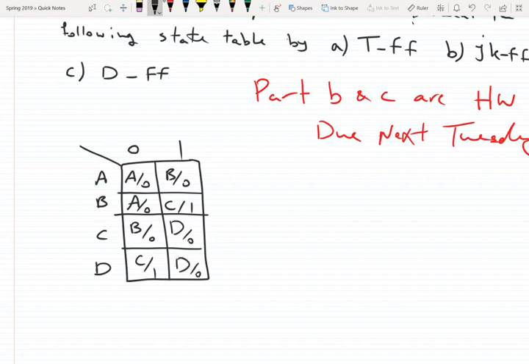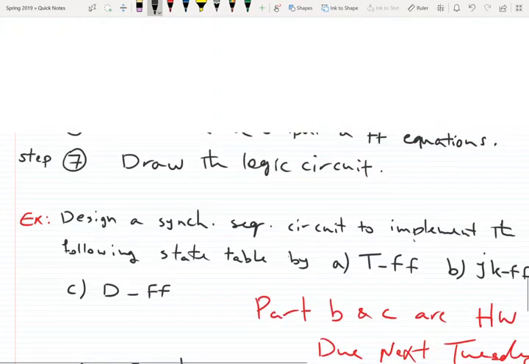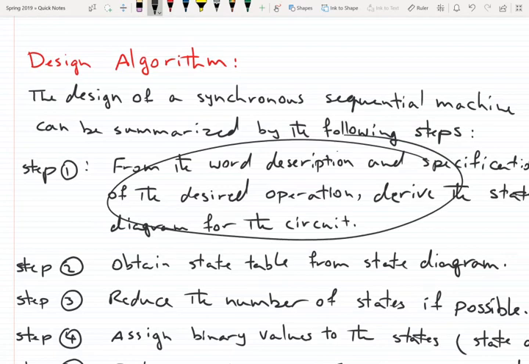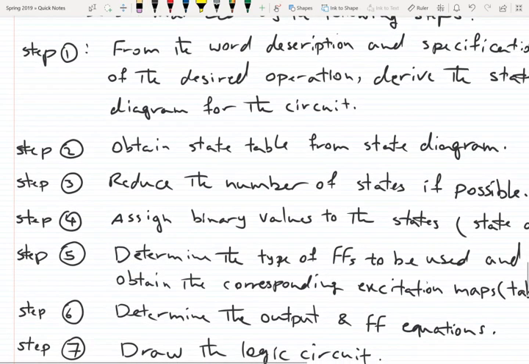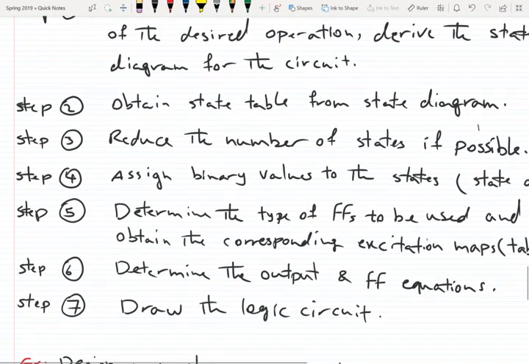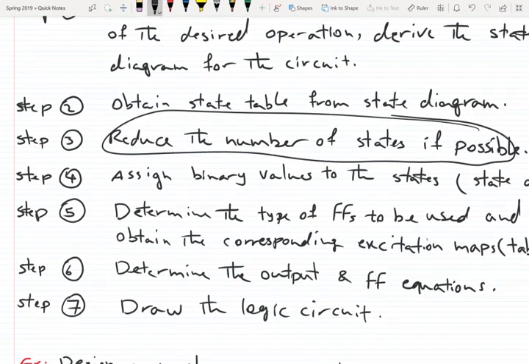Okay, so this one is the table we have, and for part A, we want to implement the circuit by T flip-flop. The first thing we need to do is try to reduce the states. The state table says to reduce the number of states if possible.